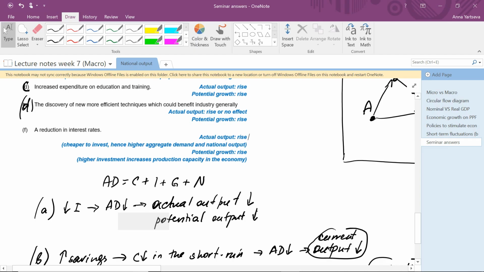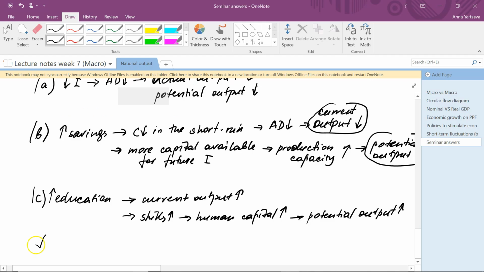Reduction in interest rates. Actual output will increase. So let's put it as F, which we've covered already. Lower interest rates, lower cost of borrowing, higher investment in the economy, higher aggregate demand, which will result in higher current output. So current output will go up.